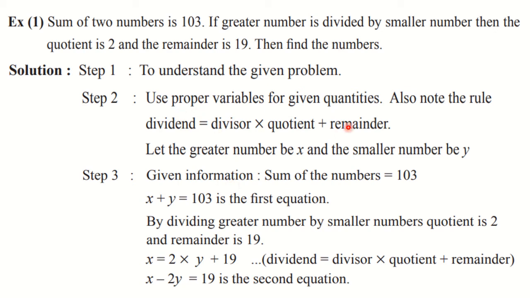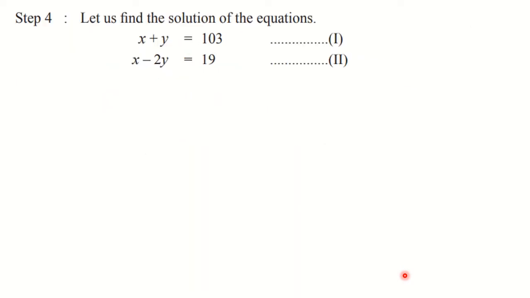In this formula we have substituted all the numbers and the variables. So what did we get here? x minus 2y is equal to 19. This is our second equation. So we got equation number 1, we got equation number 2. Now the next step is to solve them. Let us go to the next step.